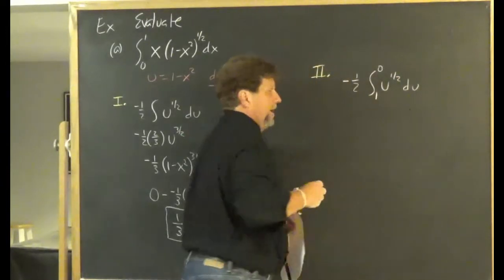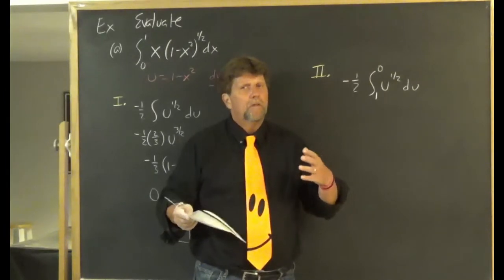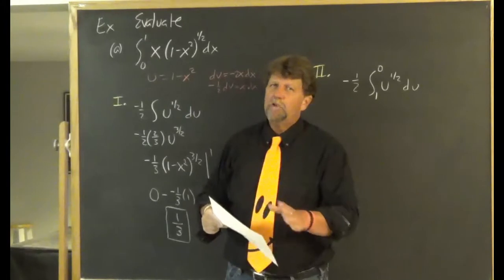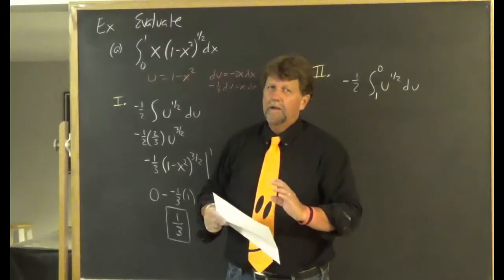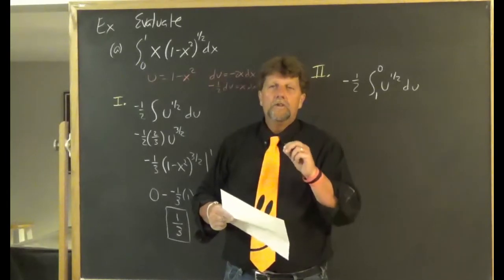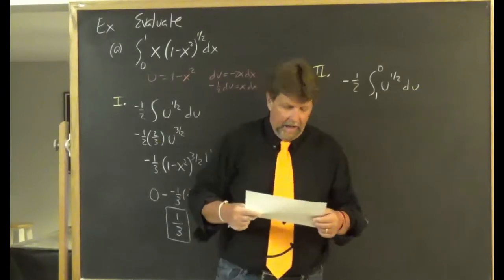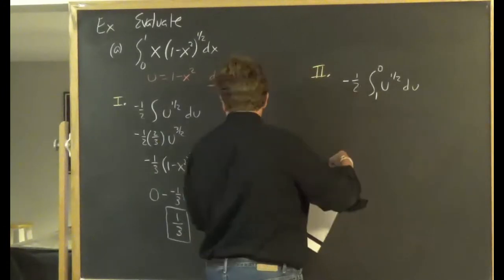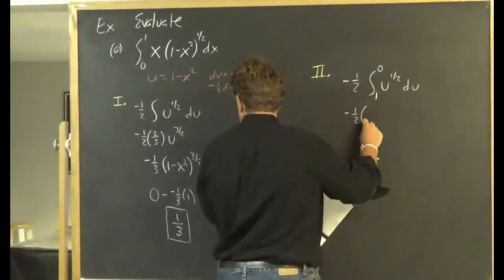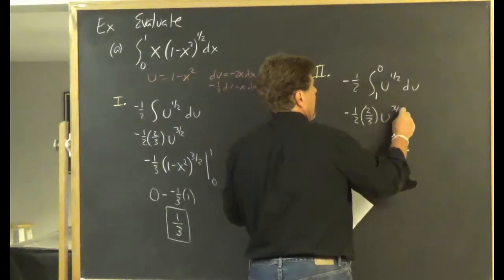All right, now before I go any further, in case anyone thinks, oh, hey, to change them to u limits, just switch them. That's purely coincidental. I showed you exactly how to determine what the u limits would be. All right, then we continue. We're going to get the same antiderivative, negative 1/2 times 2/3 u to the 3/2.